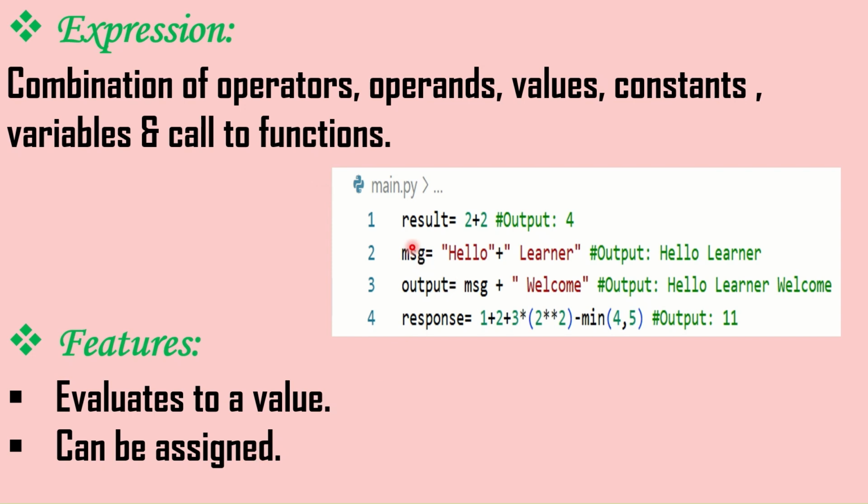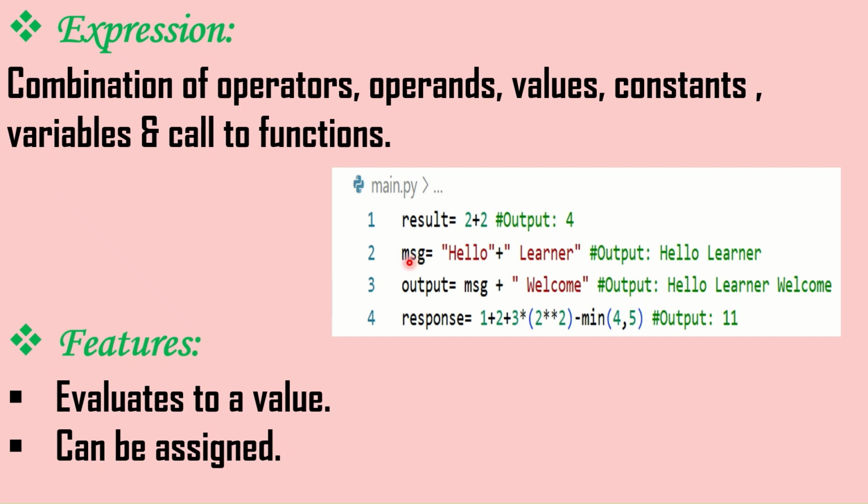Here, this example consists of 4 lines of code. In the first line, I have declared a variable that is holding the value 2 plus 2. Here 2 and 2 are values, or I can call them operands, and plus is an operator that is performing the addition operation on these operands. This whole part we can call an expression, and we are storing this expression in the result variable.